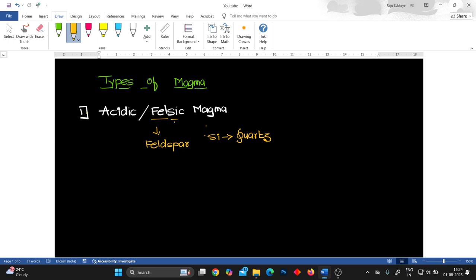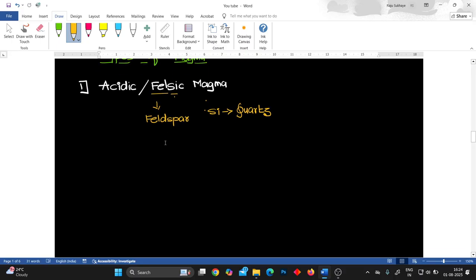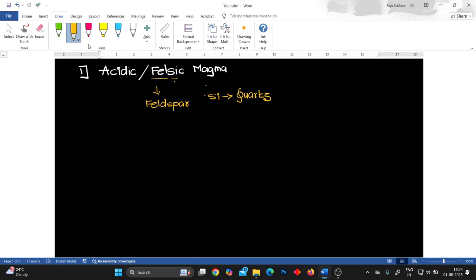When can we call a particular magma acidic or felsic magma? There should be some criteria. The first one is silica content. If a magma has a silica concentration of more than 65%, we call that magma or lava acidic or felsic type.